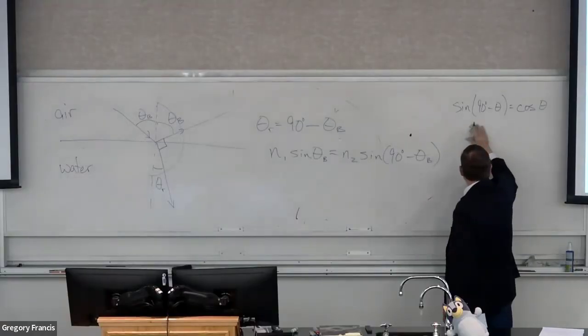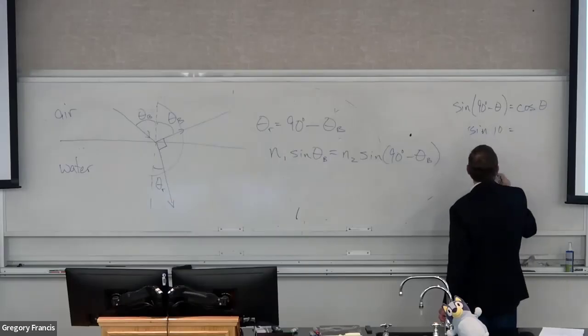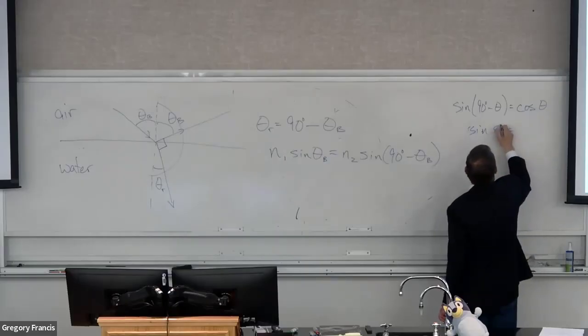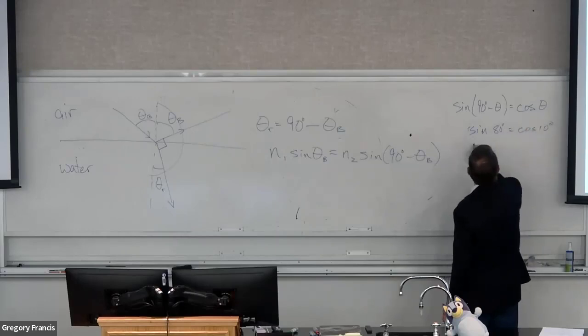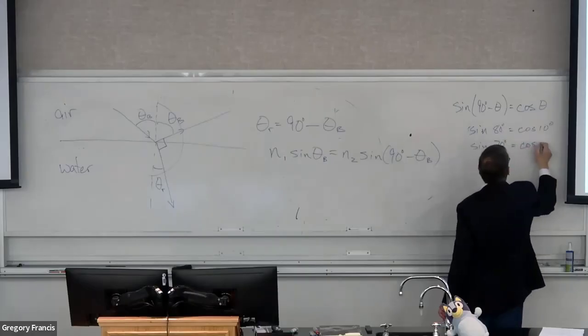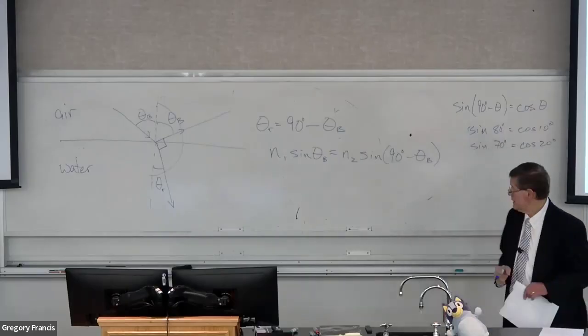The sine of 80 degrees is equal to the cosine of 10 degrees. And the sine of 70 degrees is equal to the cosine of 20 degrees, and so forth, okay?